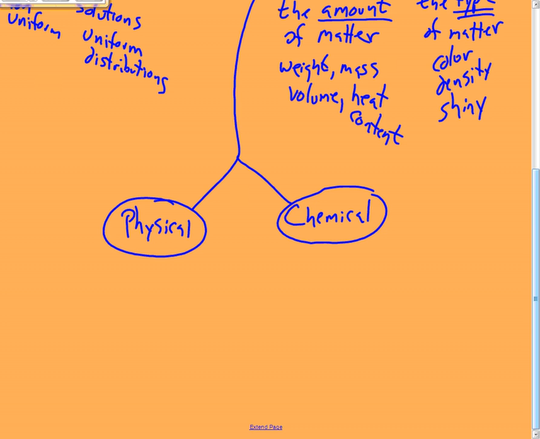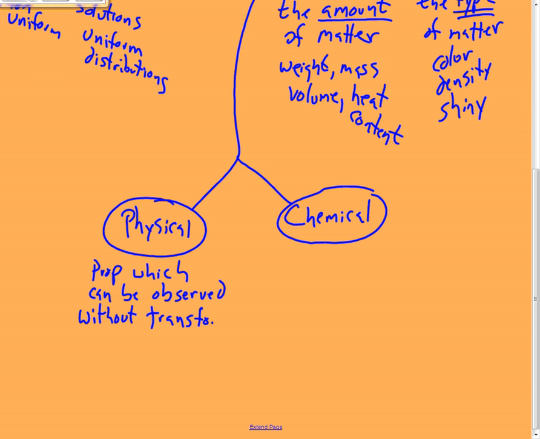First of all, a physical property is a property which can be observed without transforming the substance into a new substance.